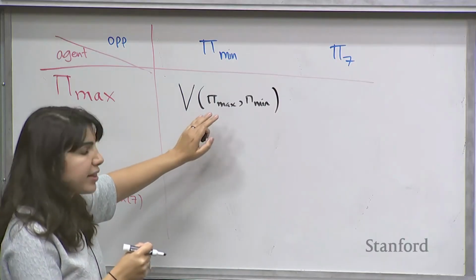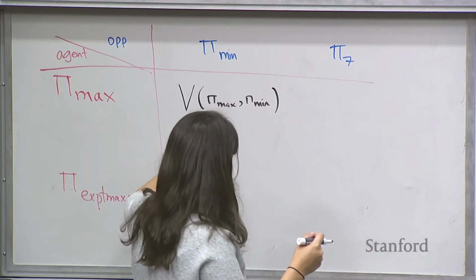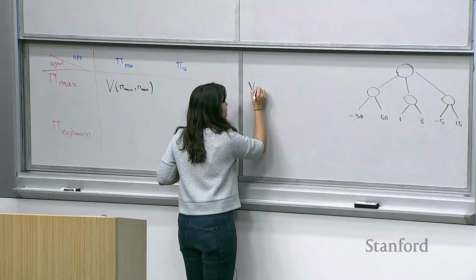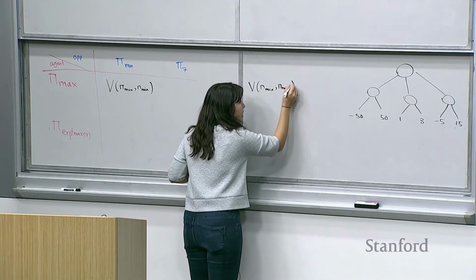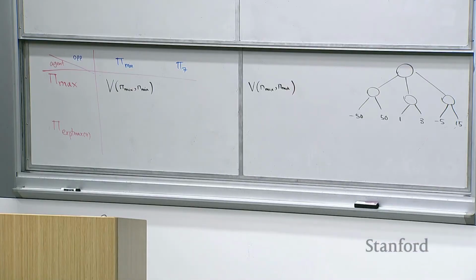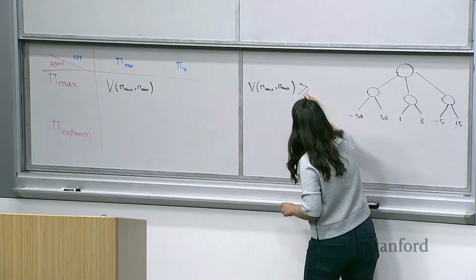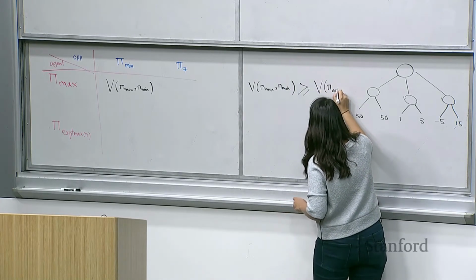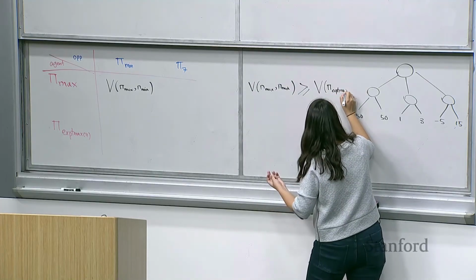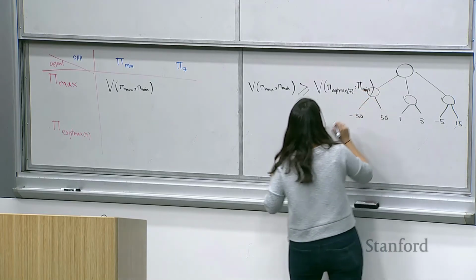Okay, so the first property is that V of pi max and pi min is going to be an upper bound of the value of any other policy for the agent, which I'll write as pi of Expectimax, assuming that my opponent is playing as a minimizer.